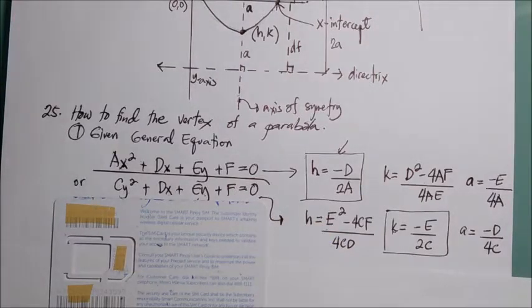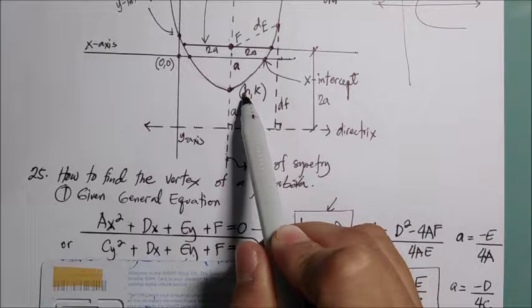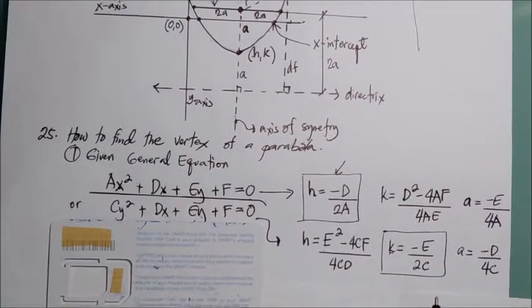That's the easiest way in finding the coordinates of the vertex, because if you find the value of x, you can find the value of y through its equation. Okay, next.